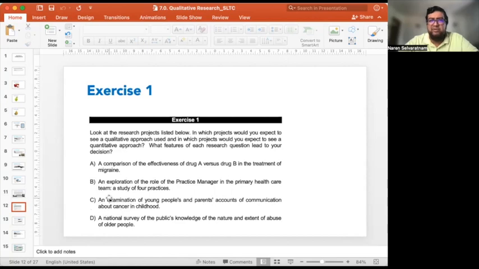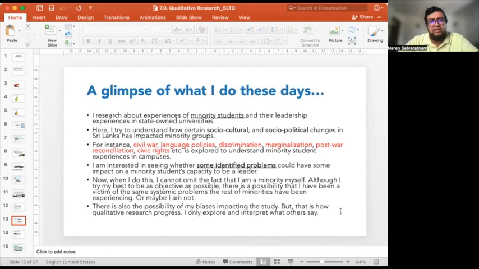I think it would be better to do this in a qualitative way. A national survey of the public knowledge of the nature and extent of abuse of older people. So it's a national survey. So then, of course, it has to be conducted using a quantitative method. Yes, so that would be a good fit for quantitative research.